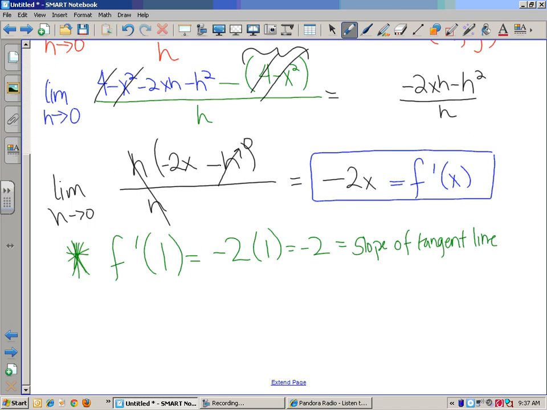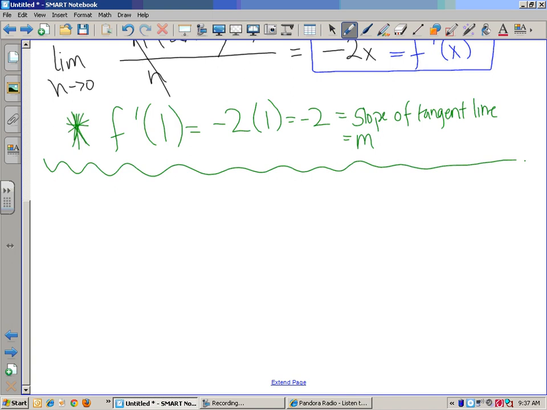In Algebra 1, what did we call it? We called it m. Okay? So here's what I have now. So now, look, I'm going to take a break from pre-calc for a second, and we're going to go back and revisit Algebra 1. Because here's what I know now. By the way, this is your final stage. This is stage 3.